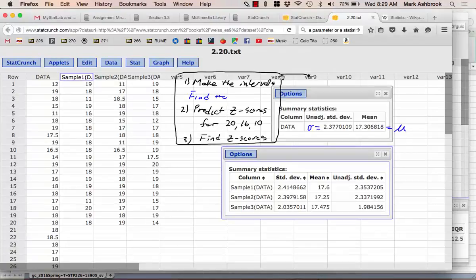So you're making the intervals for our population of quiz 1 scores from my 2 classes. Predict the z-scores now, based on your intervals. Don't do any calculations yet. Try to predict what a z-score for 20 would be, what a z-score for 16 would be, and what a z-score for 10 would be. And then find them and see how you did predicting. Okay? And that's for your blue sheet.